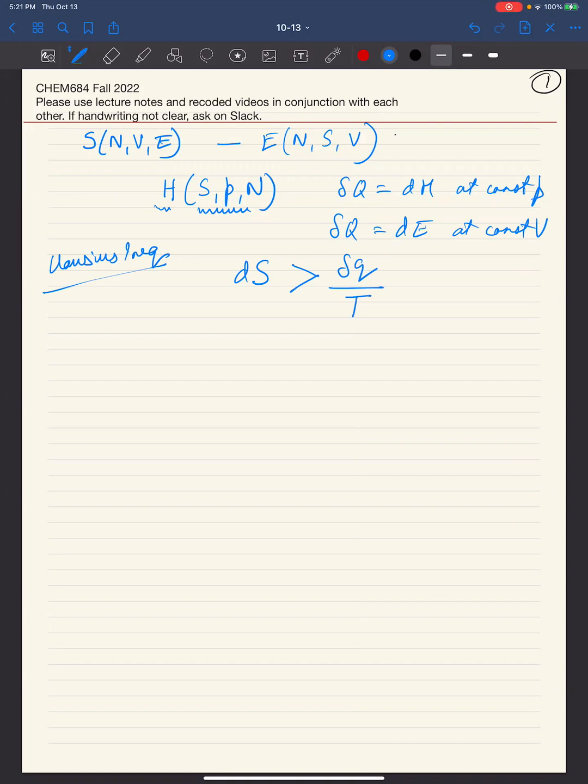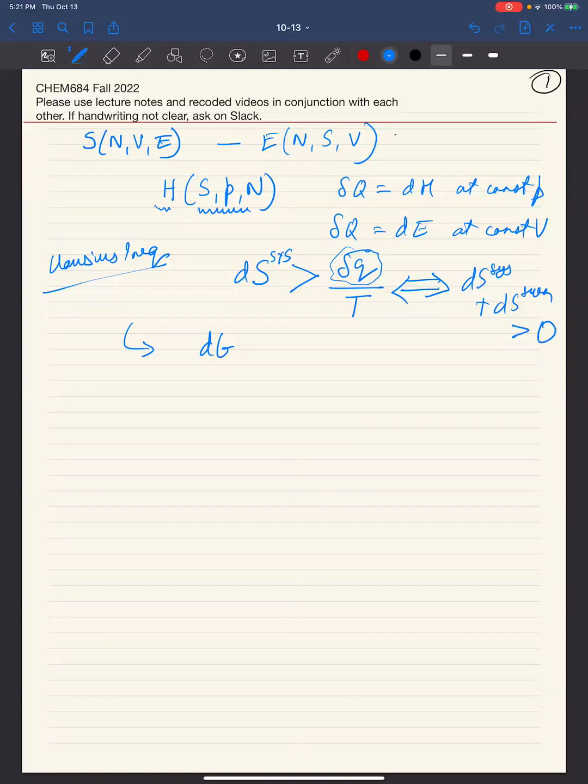And this we transformed in different ways. So this is dS of the system, and this is delta Q, heat given to the system, okay? This is equivalent to saying that dS system plus dS surrounding is more than zero, right?